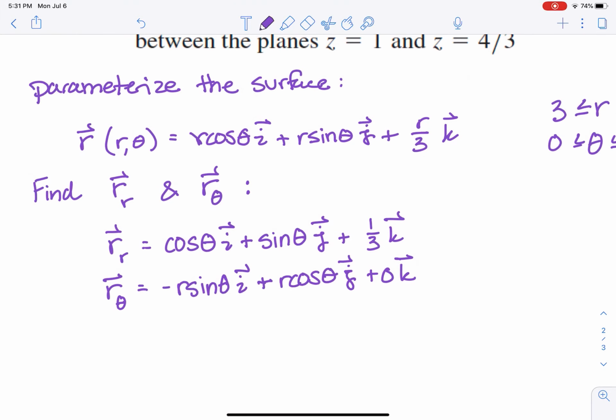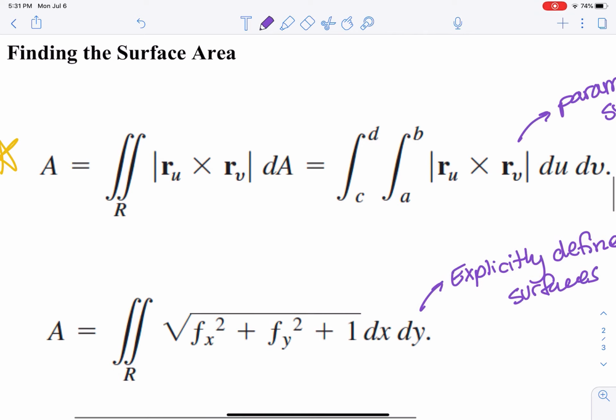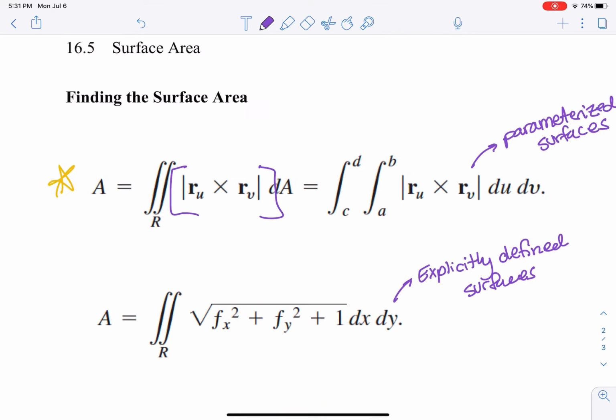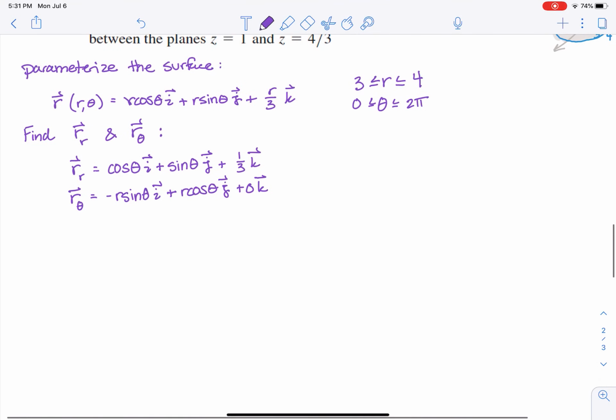There you go. So now we have our two components that we need to take the cross product of, right? So we're finding this integrand first. Now we need to cross them and take their magnitude. So let's do that real quick.